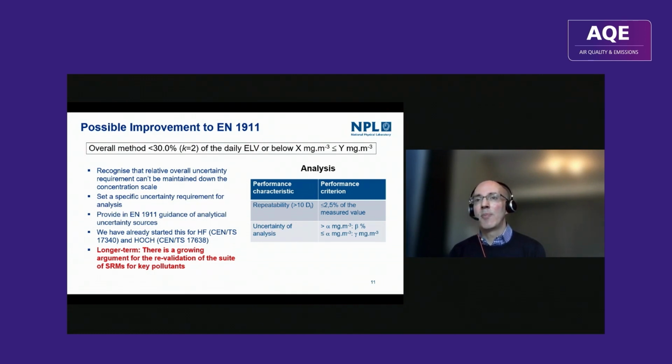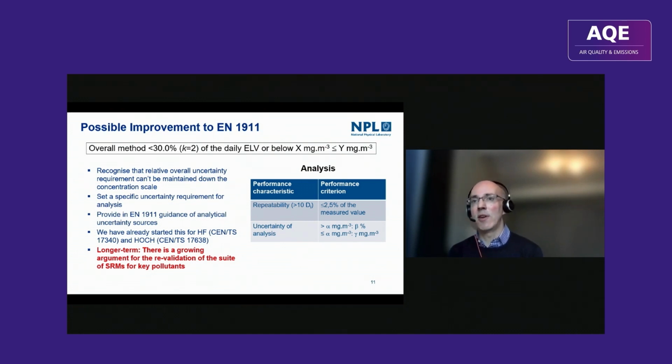We could set a specific uncertainty requirement for analysis, and so augment that analysis table where precision is considered with also an uncertainty requirement. So you're considering both precision and bias, both sources of uncertainty. There could be more guidance on analytical uncertainty sources.